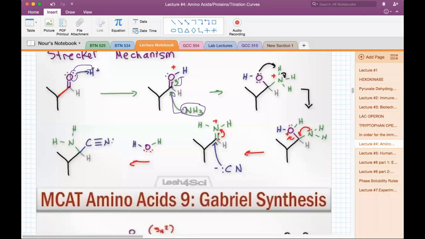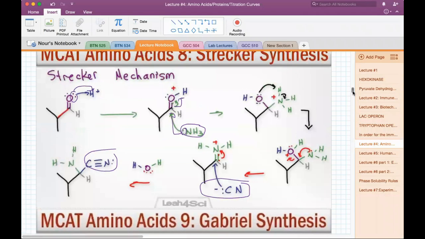Now the lone pair gets donated, and then it kicks off a hydrogen, and then this group comes back in and gets it. So basically this whole reaction is a way of getting rid of this C double bond O, making it into water and replacing it with this group. So eventually this group can get rid of the triple bond and make an amino acid.